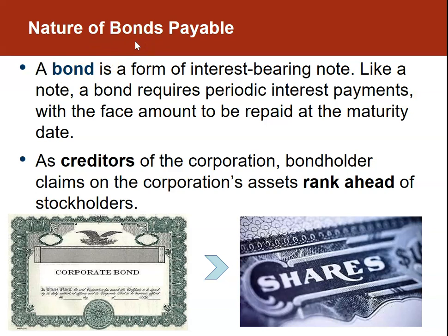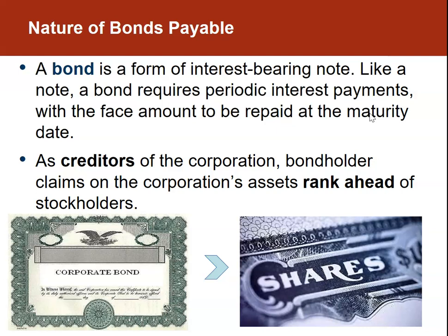And those investors become creditors of the company, much the same way that a bank would if you went in and borrowed money. So it says, like a note, a bond requires periodic interest payments. And then with the face amount of the bond to be repaid at maturity.